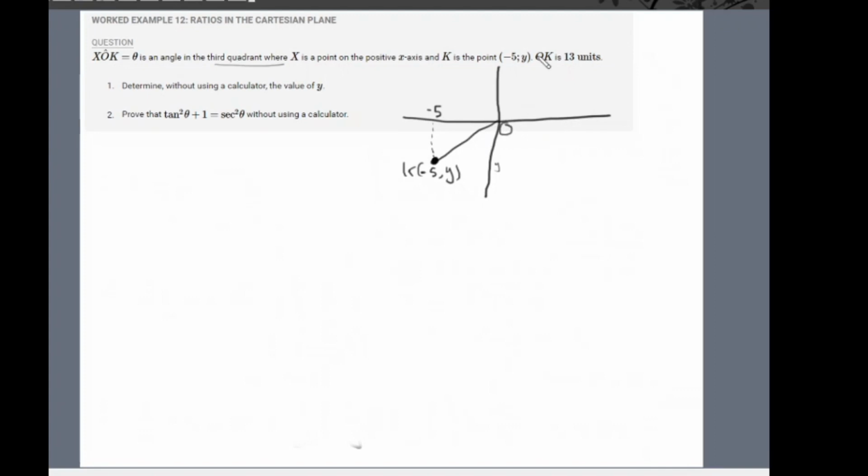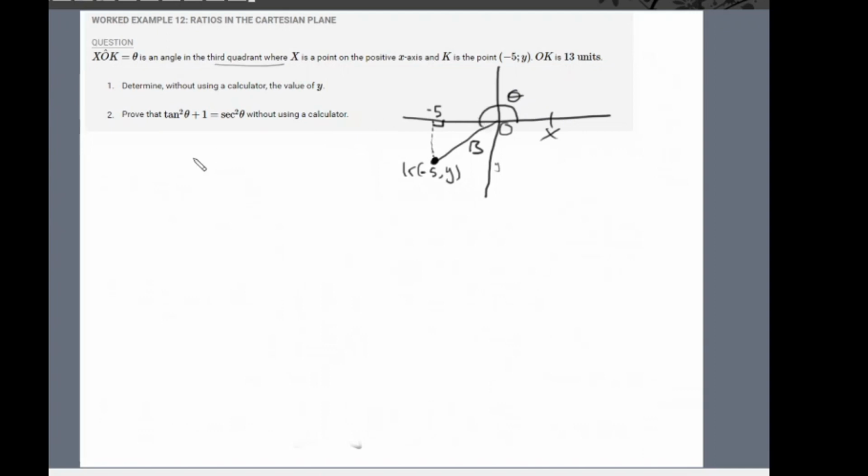OK is 13 units, that side is 13 units. So now we have a right angled triangle here, and this will be our theta. X is a point on the positive x-axis, so I'll assume X is just there.